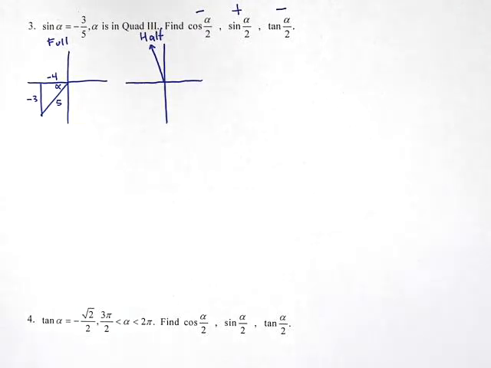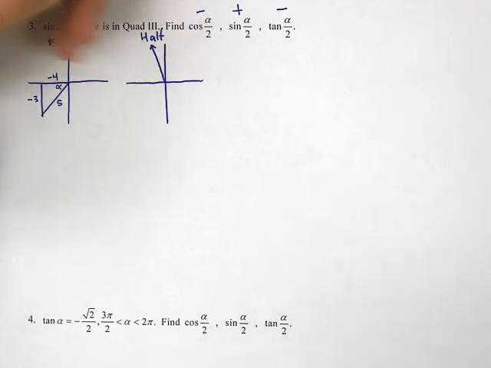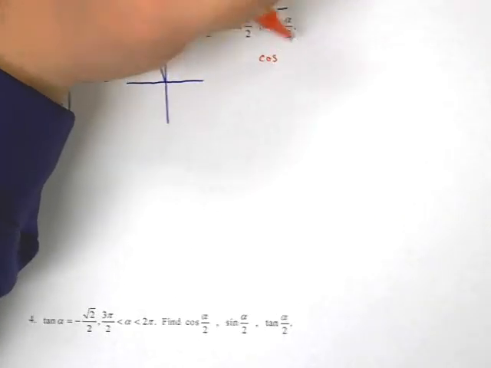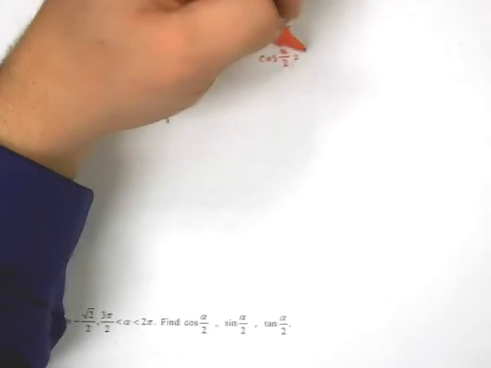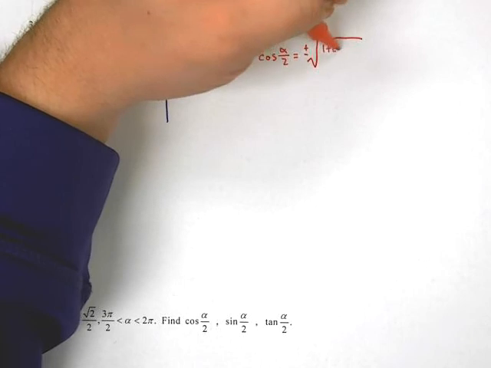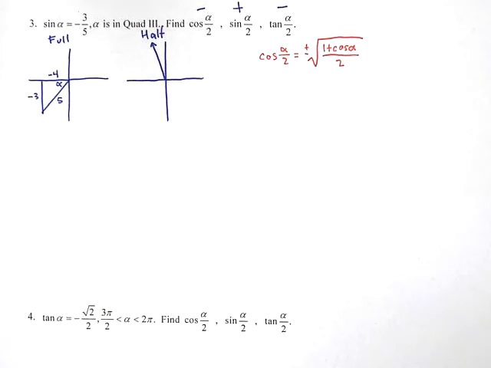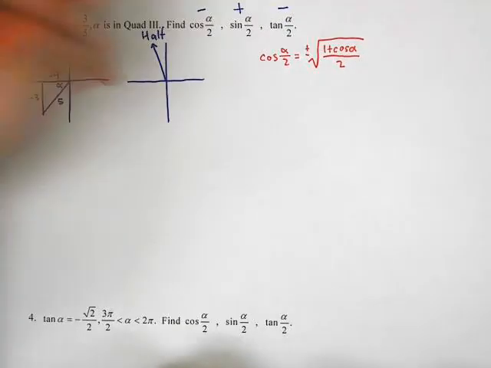Alright, here we go. It's asking me to find the cosine of alpha over 2 first, or cosine of a half angle. So, cosine alpha over 2. Well, I know that the formula is going to be plus minus square root of 1 plus cosine of full alpha all over 2. Well, I can start to plug some things in.